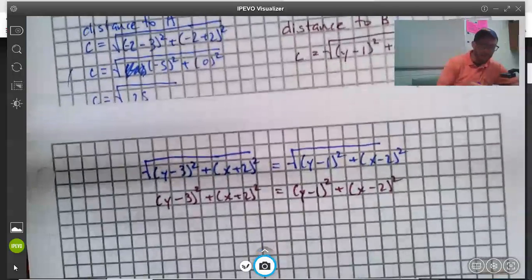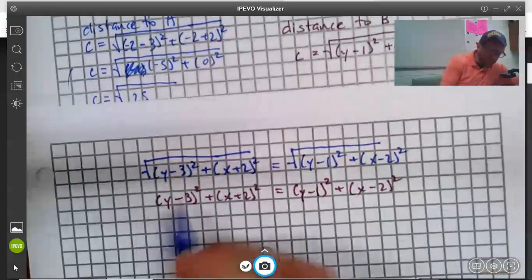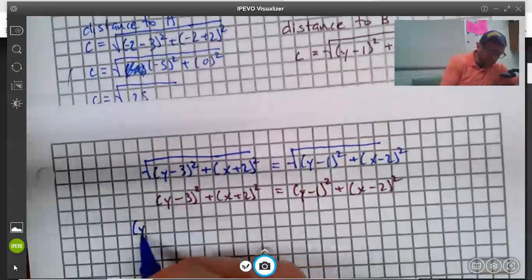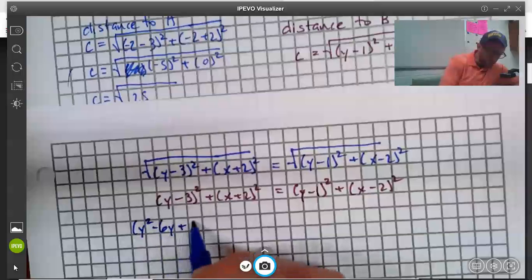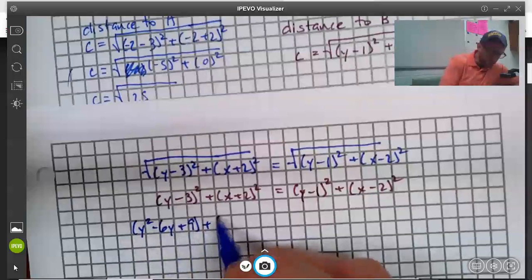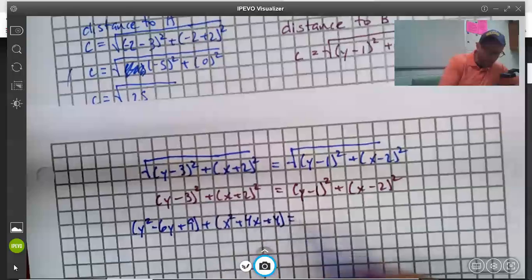Next, I'm going to expand all of these binomials. That gets ugly. So let's see. If I expand this one, I get y squared minus 6y plus 9 plus x squared plus 4x plus 4.